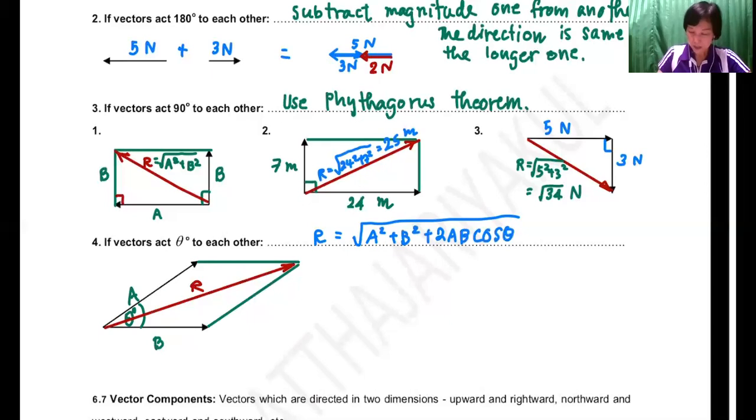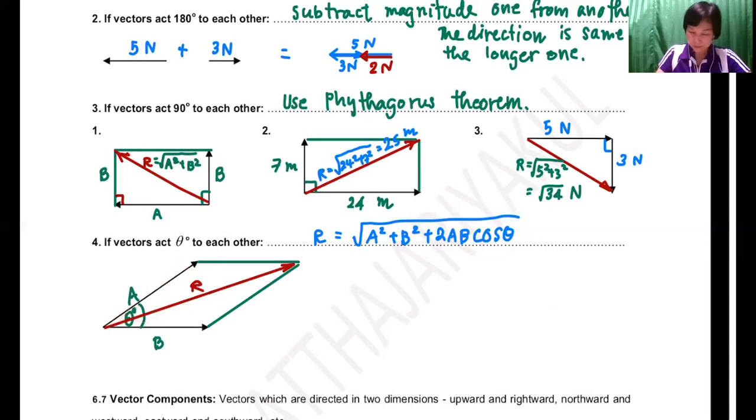It means the square root of the magnitude of vector A squared plus the magnitude of vector B squared, and the last term is the multiplication of each term. It means 2 multiplied with the magnitude of A, multiplied with the magnitude of B, and multiplied with the value of cos theta. Theta is the angle between these two vectors.